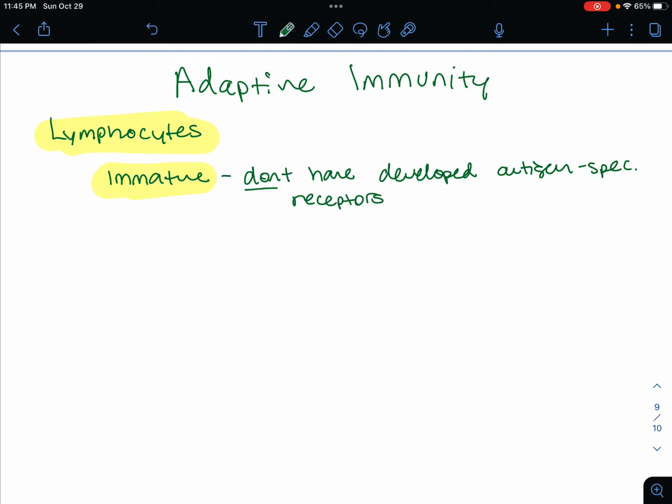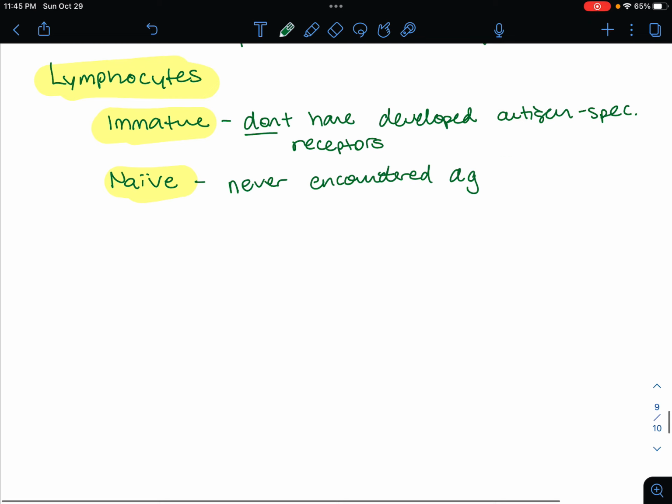Actually, there are 3 categories. Sorry about that. We also have the naive lymphocyte. I guess I was a little bit naive there, giving the wrong number of categories, but we actually have 3. This is the second kind. A naive lymphocyte has never encountered antigen. So AG, never encountered the antigen, never seen it before.